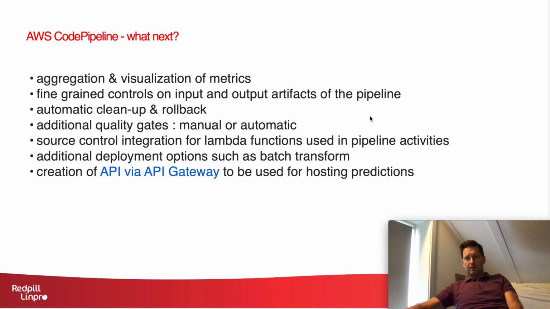The example we have been through is rather simple, but there is a lot more functionality we can put in. Not least, what we just saw by accessing from a terminal is not very functional in the real world. What we probably would do would be to create an API via the API Gateway in AWS to be used for prediction, because then we can access it programmatically and write applications that can access this.